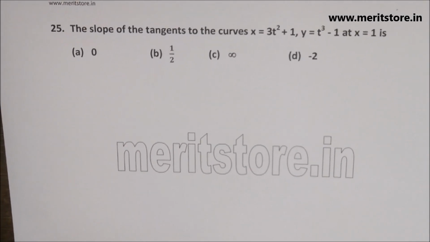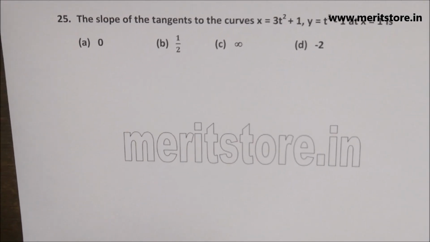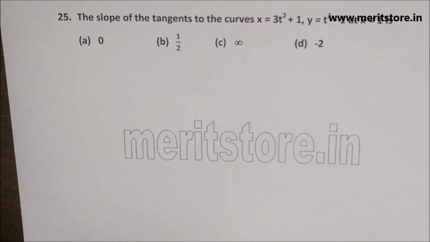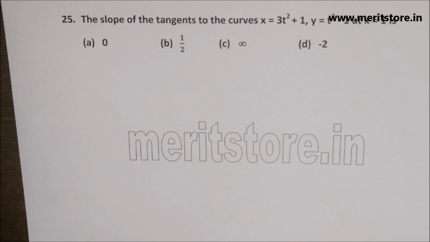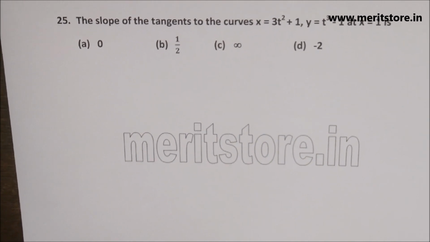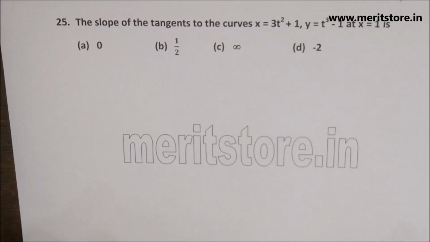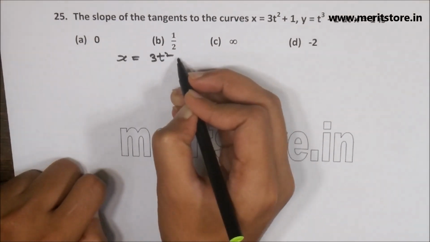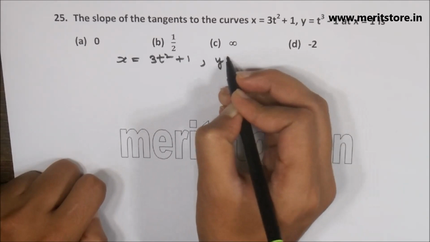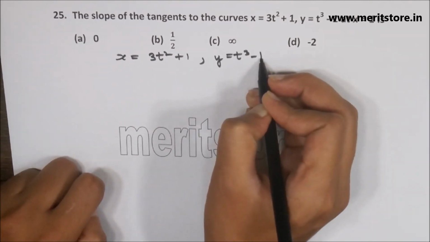Question number 25. The slope of the tangent to the curve x equal to 3t square plus 1, y equal to t cube minus 1 at x equal to 1 is option A 0, option B half, option C infinity, option D minus 2. The given equations are x equal to 3t square plus 1 and y equal to t cube minus 1.